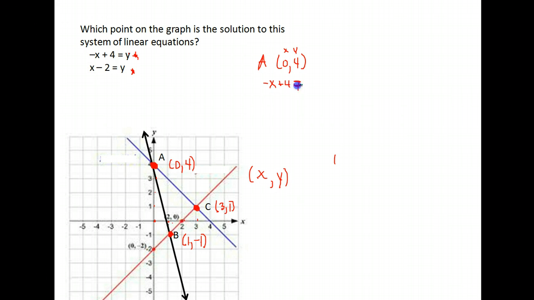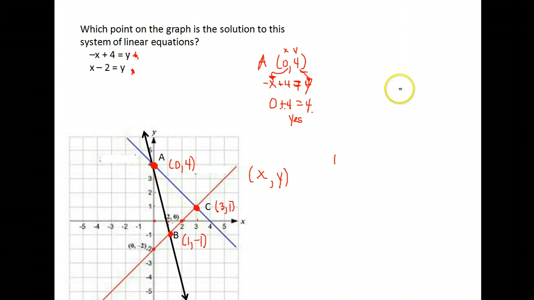When I say try it, I mean replace all the x's with the x from our point, so this x will be 0, and replace the y's with the y from our point, so this y would be 4. Then ask, does the left side equal the right side? Is it true that 0 plus 4 equals 4? It is. So it works for this equation.